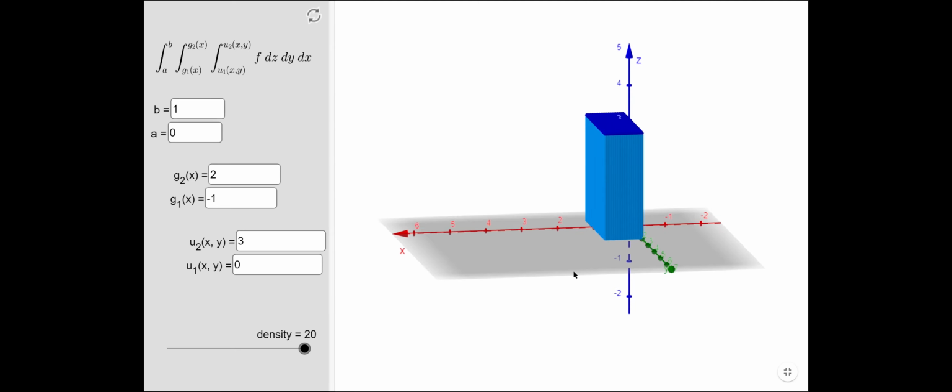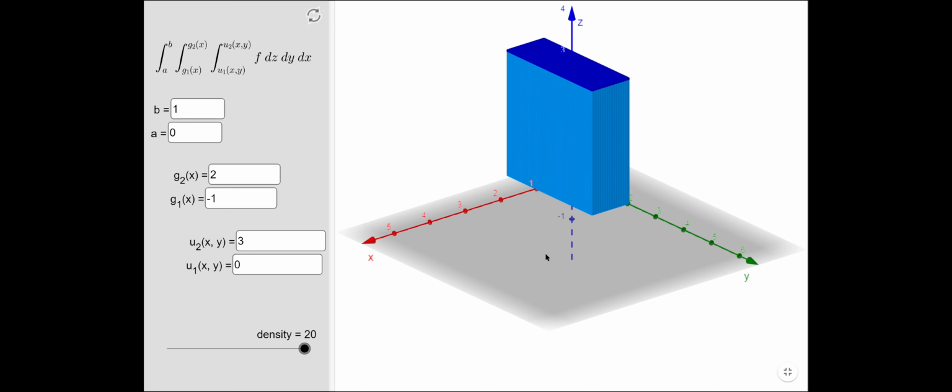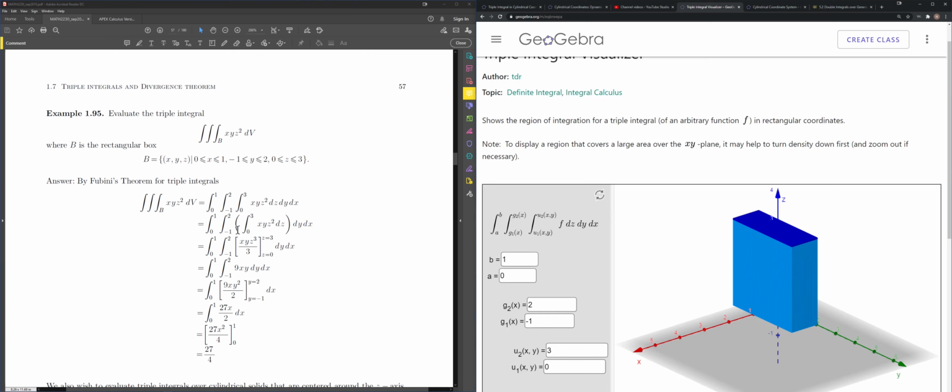So this is the solid box that we integrated over. Now once we have this set up, just do your integration, working from the inside out, integrating with respect to z first.